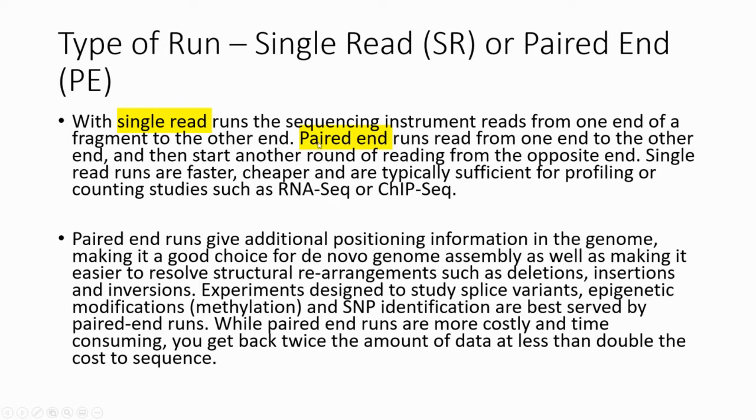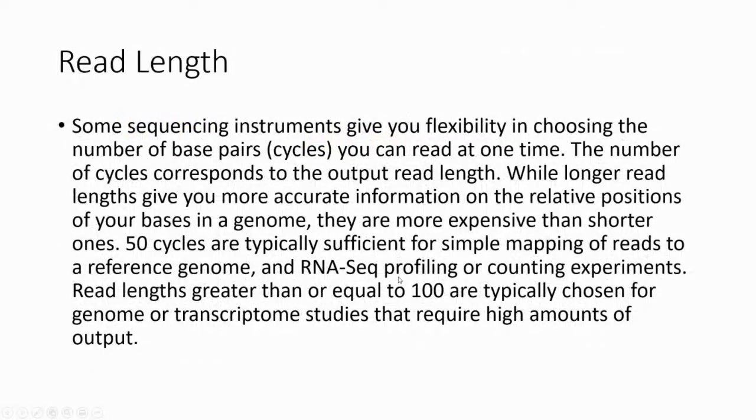It's more accurate and more precise, and no mistakes. So paired-end gives additional positioning information in the genome, which makes it a good choice for de novo genome assembly, and also makes it easier to resolve structural rearrangements in the genome.